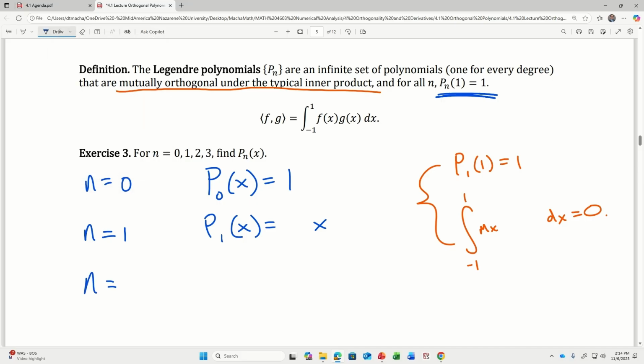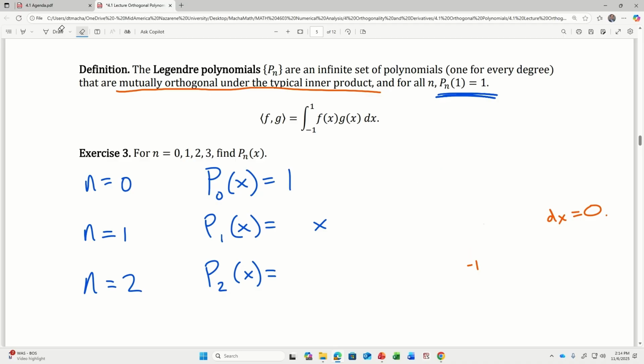Maybe things will get a little more interesting, a little spicier with degree 2. So what do I know about degree 2? I have to be able to plug in x equals 1 and get out 1. And I also need to be able to take the integral from -1 to 1 of p2 times p0 and get 0.